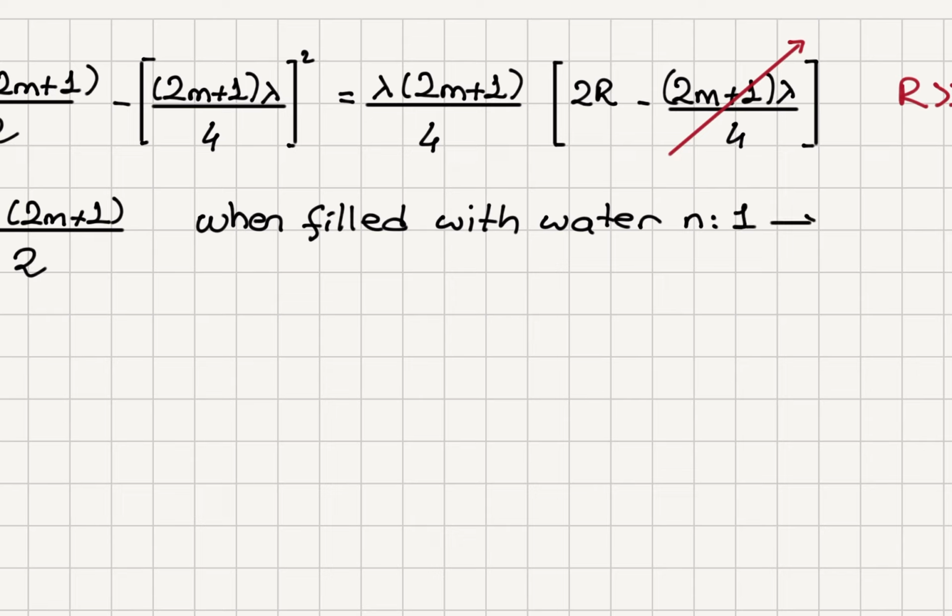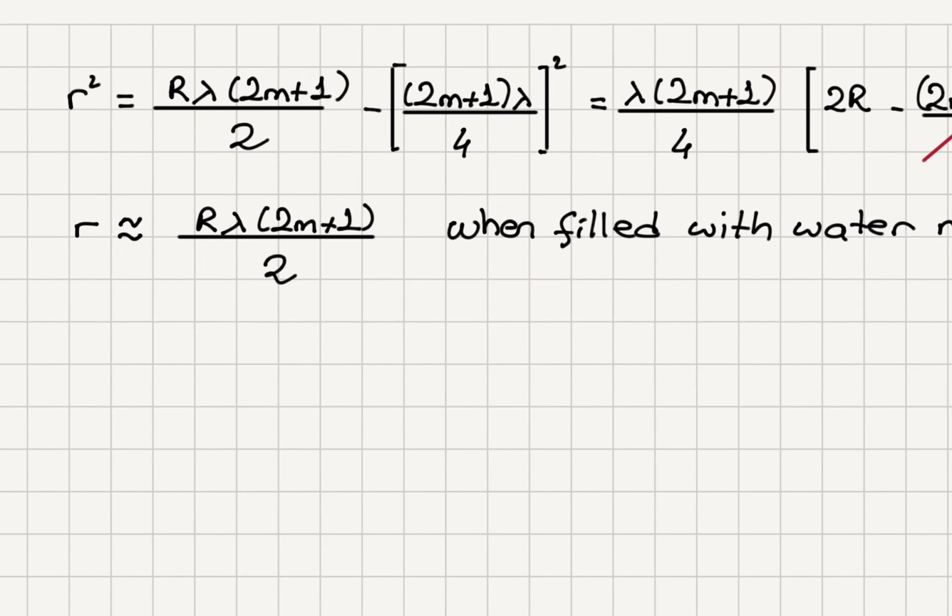So index of refraction goes from 1 to 1.33, which means the wavelength lambda will go from lambda 0 to lambda 0 divided by n, let's say. So lambda 0 is the wavelength in air. Or because I called it lambda already, let's say lambda in air is going to become lambda divided by the index of refraction of the water.